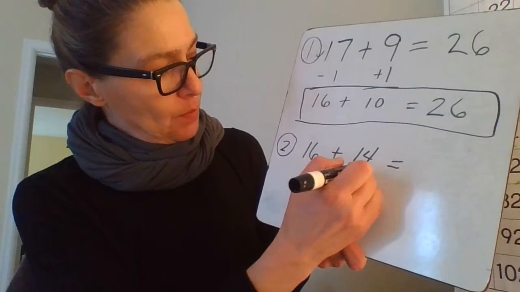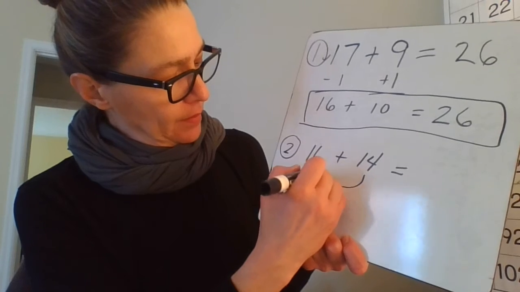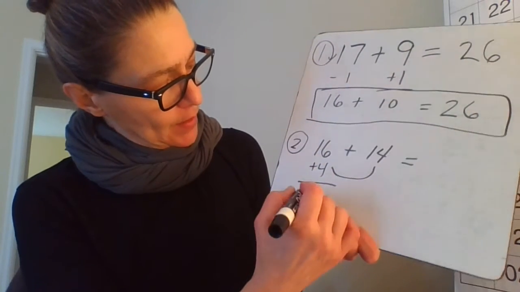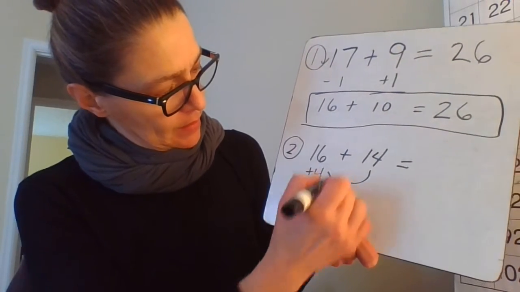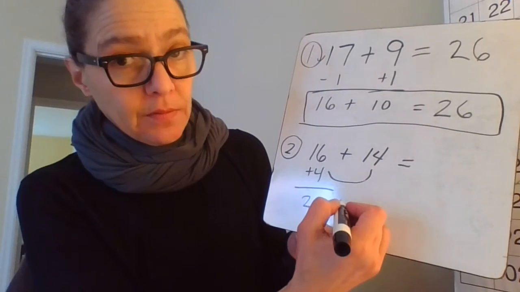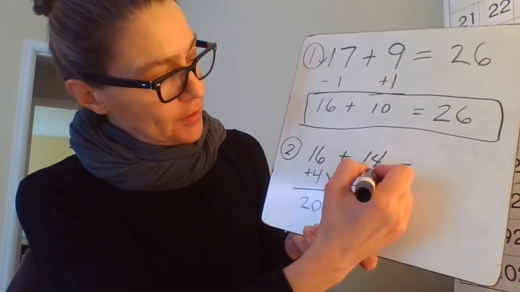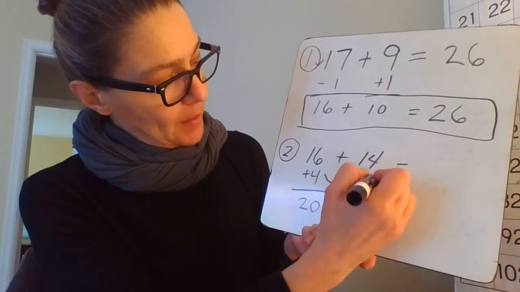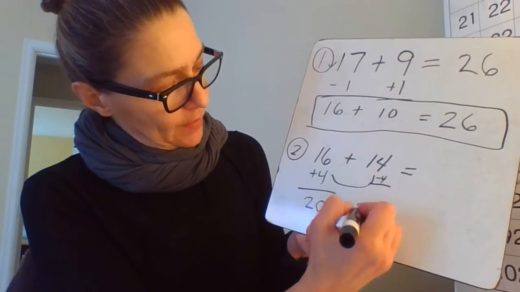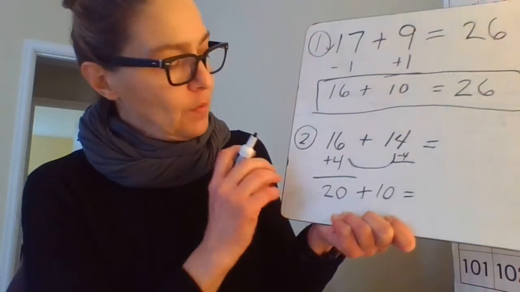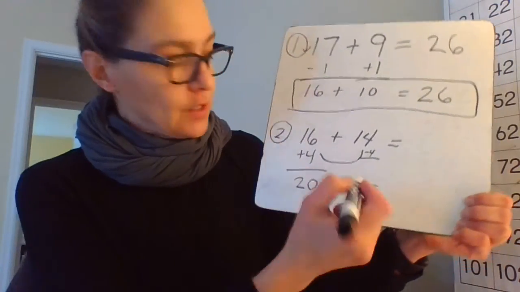And by doing that, we move 4 over here. And then we have 20. Bring our plus sign down. And then you're going to have 4 less here, so you have to minus 4. And you'll have 10.